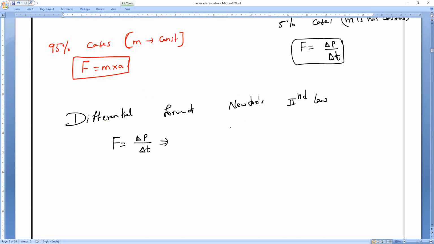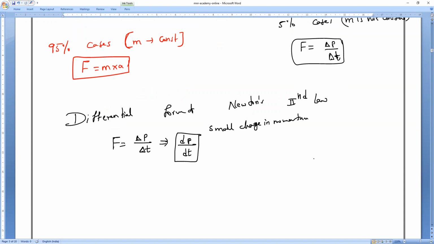I want a very small interval of time, so that delta p is modified into dp by dt. Very, very important.